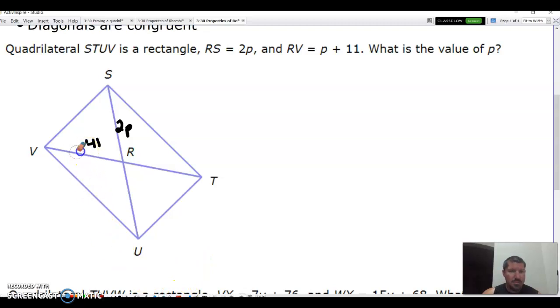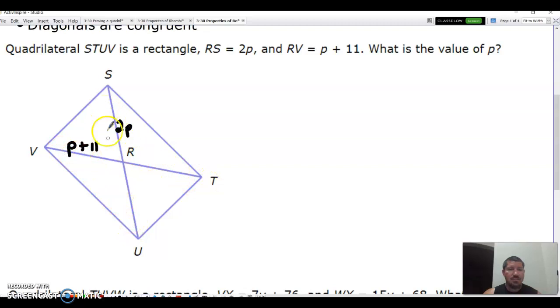Let me write that a little bit better. P plus 11. So just by looking at it, you'd be like, well, how are those related at all? Well, a rectangle says that SU and VT are both congruent. Parallelograms say that diagonals bisect each other.